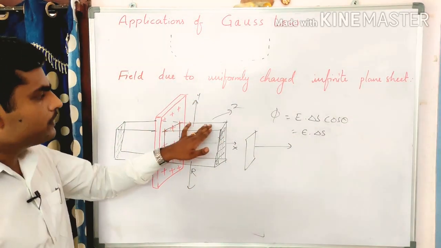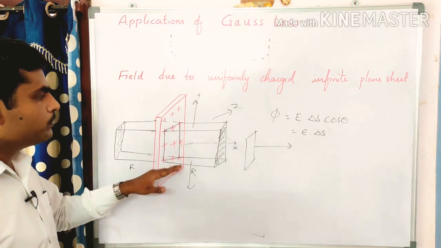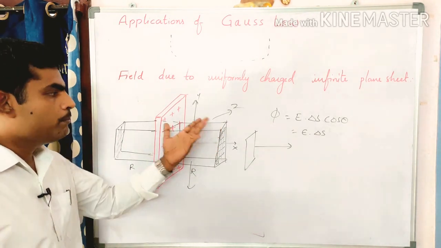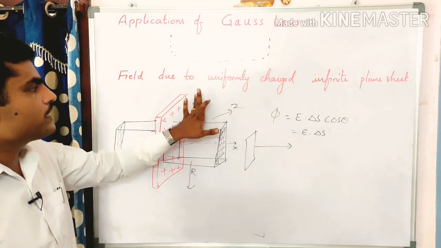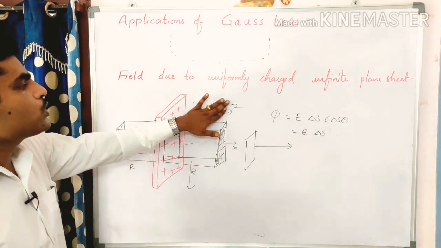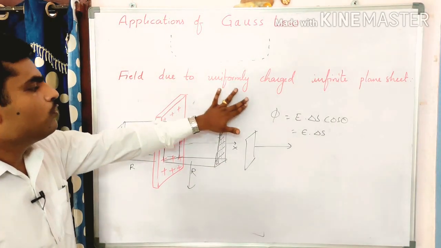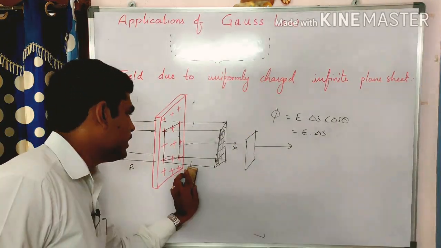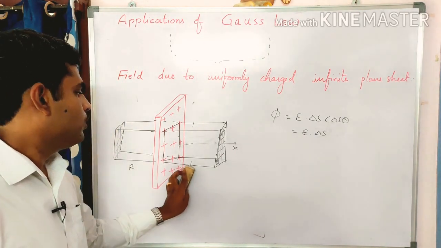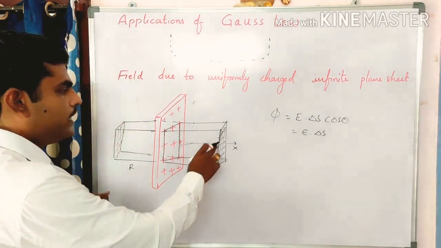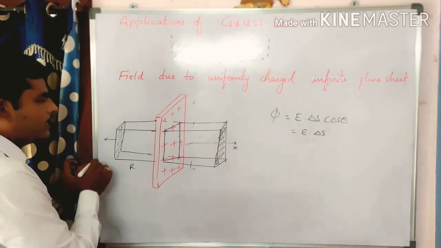On these four surfaces, top, bottom, front and back, the flux is 0, so we need not bother about them. We have to take only the two end surfaces.